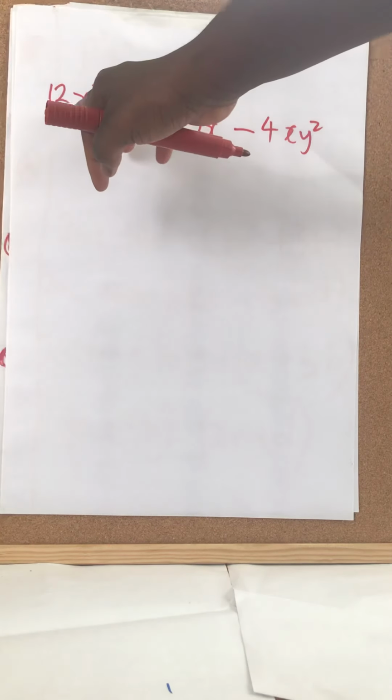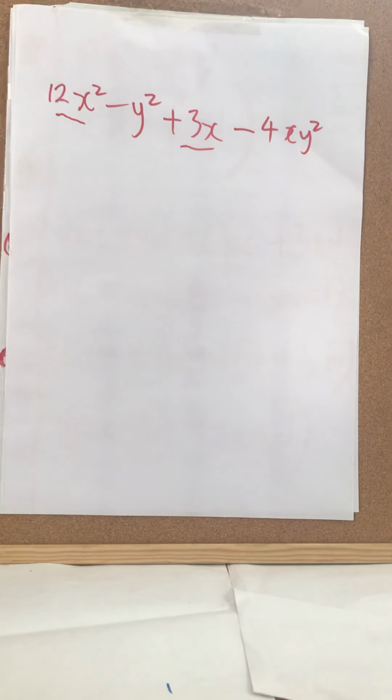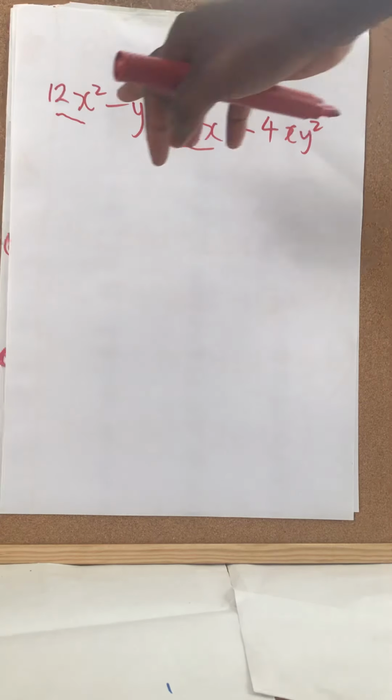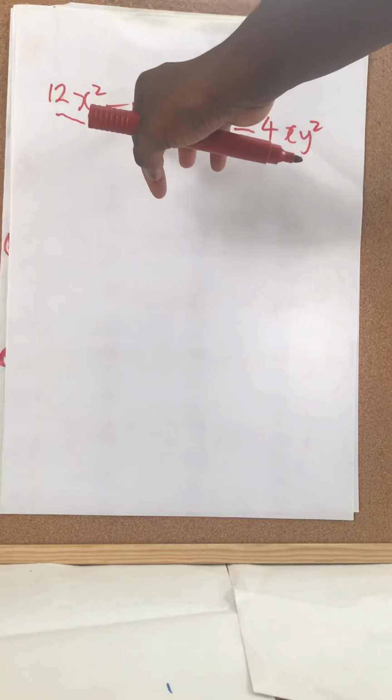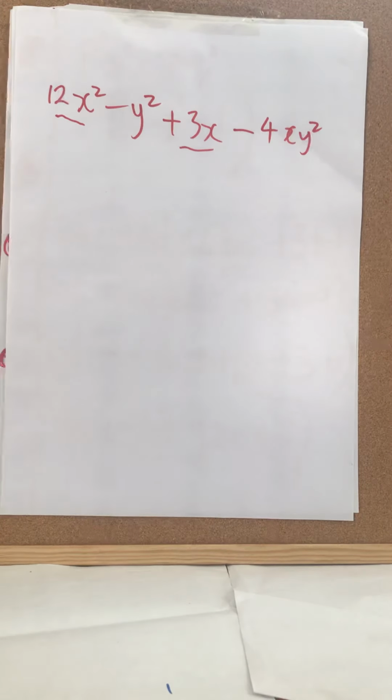If I decide to choose 12x squared and minus 4xy squared, then I'm going to be looking at grouping these two together, which then there will be nothing in common. There will be nothing, absolutely nothing in common. So I need to choose smart.